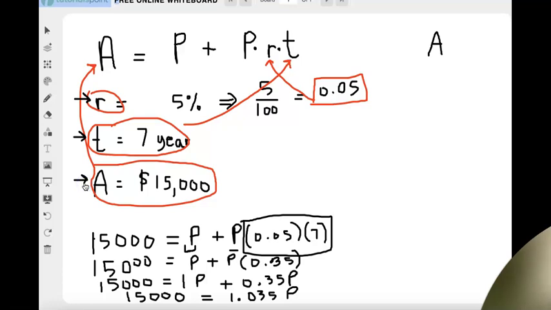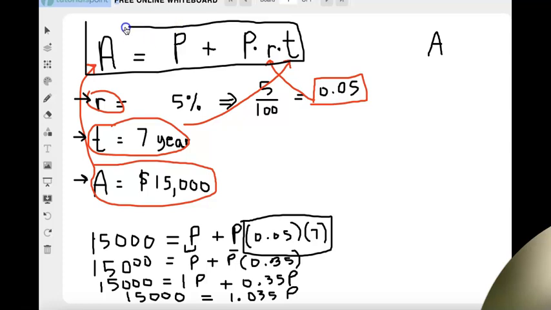Identify those. Write out your equation. That could go at the top of your post. Then write out the variables that you are given or choosing, and then find the variable that you need to solve for. In my case, I needed to solve for the principal.